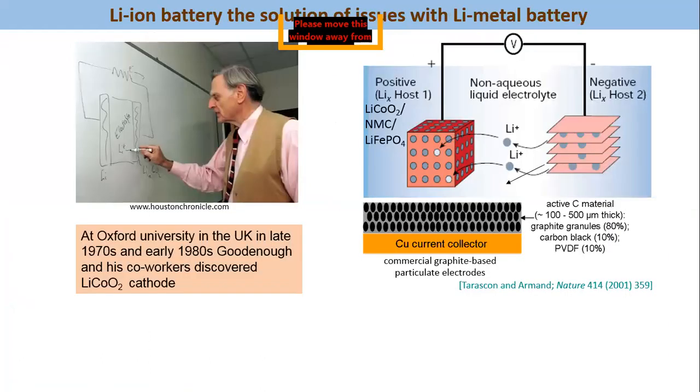So after that, it was necessary to find something good enough to replace it: transition metal oxides. Now the commercial batteries are using lithium cobalt oxide, lithium NMC, nickel manganese cobalt based oxide, and lithium iron phosphate type cathode materials.